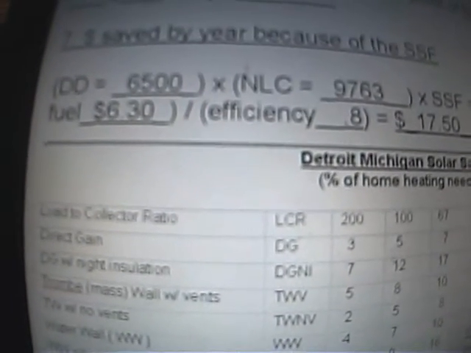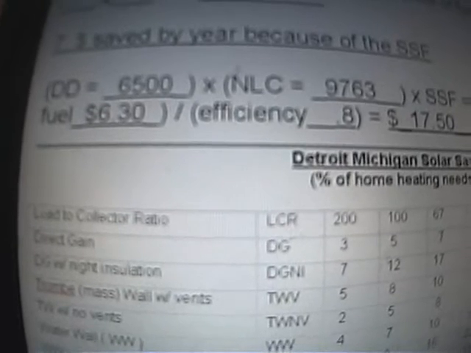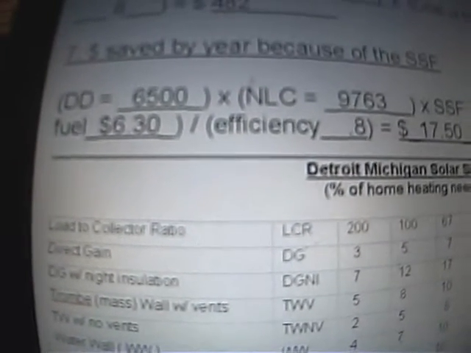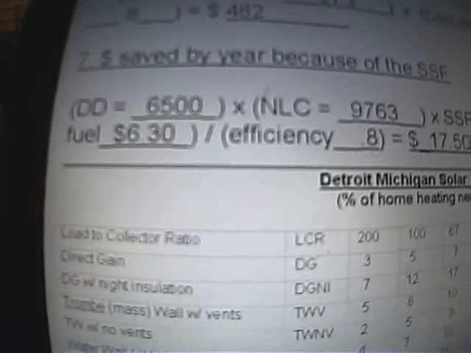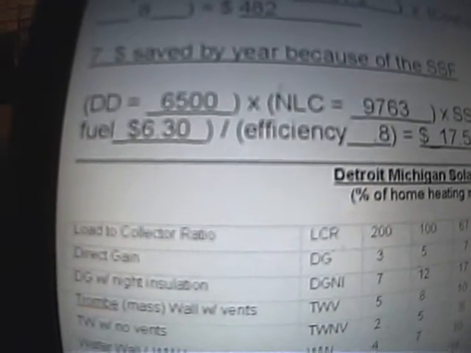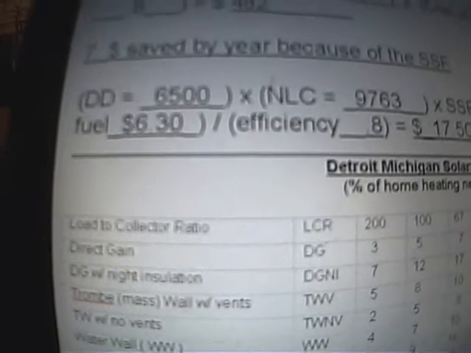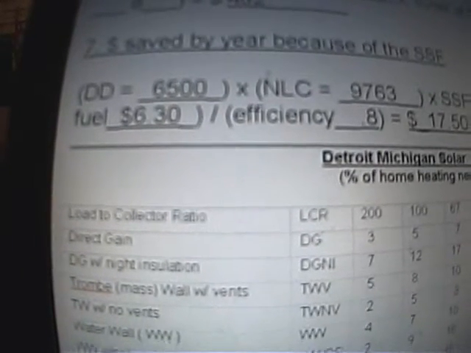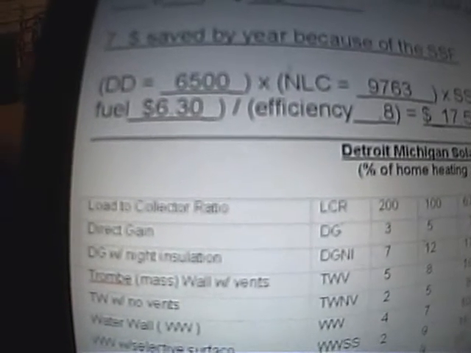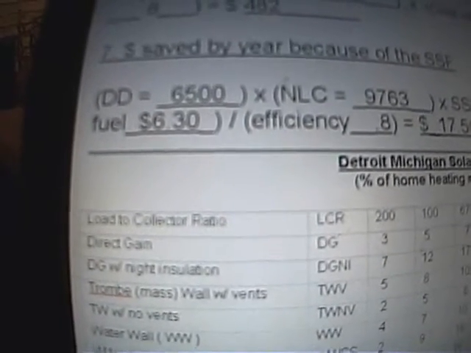Well, remember, on the top of that fraction is the heat loss of the house. So if you reduced your heat loss in your house by adding more insulation, then you would have a smaller number. Or if you increased your solar area, that would increase the number on the bottom of the fraction, and that would also make that number smaller.